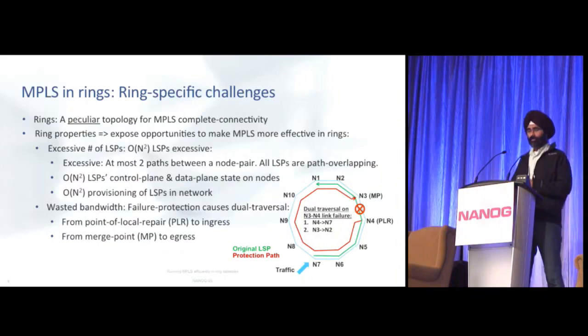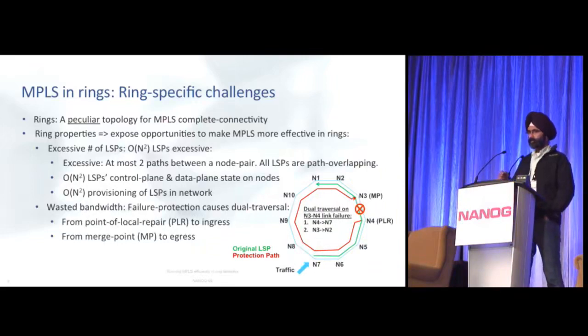Also, if you were to have a failure in your ring, for example, as demonstrated in this picture, if the link between N3 and N4 were to fail, then the green LSP, starting from N7 going to N1, would get rerouted at the point of local repair, which is node N4.